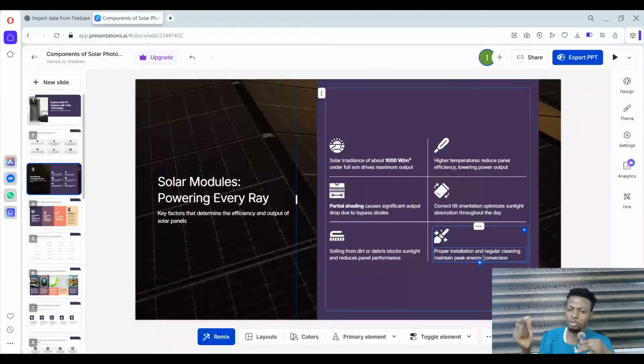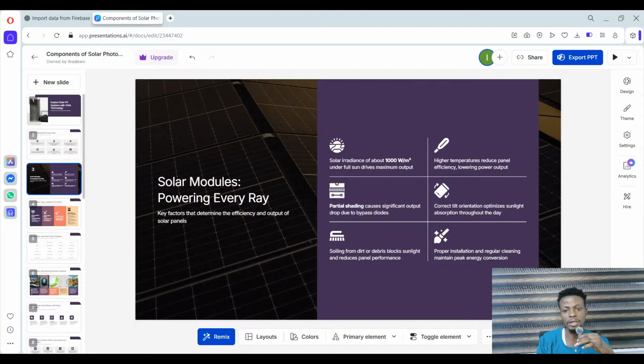Right? So also you have to ensure that it's far removed from where there is dirt or debris that blocks sunlight. So one thing with the panel is that whenever you have dirt or debris on the panels, it stops it from producing efficiently.